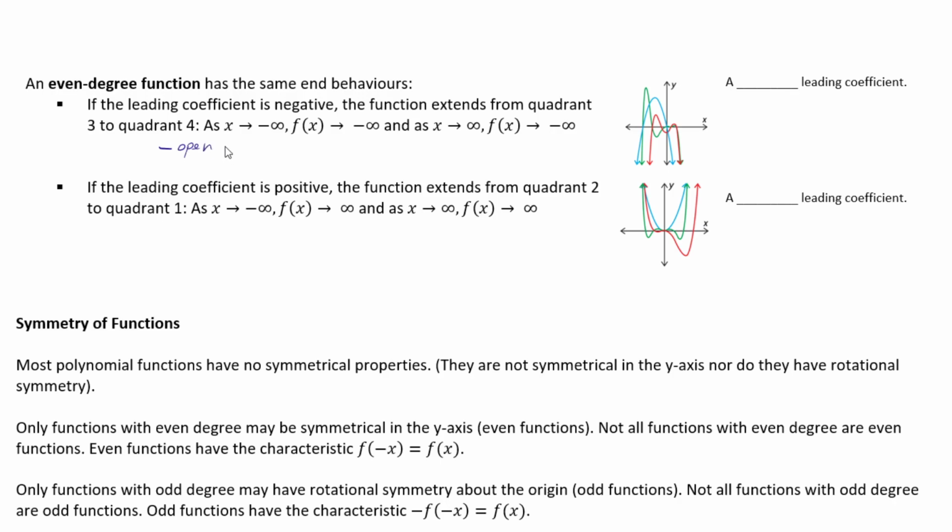That might be an easier way of saying it. So open down is with a negative leading coefficient. Now, if the leading coefficient is positive, the function extends from quadrant 2 to quadrant 1, so it's going to open up. And that's if it has a positive leading coefficient.